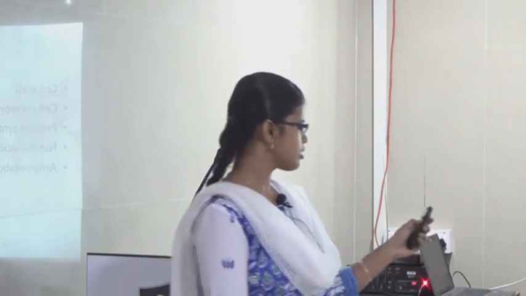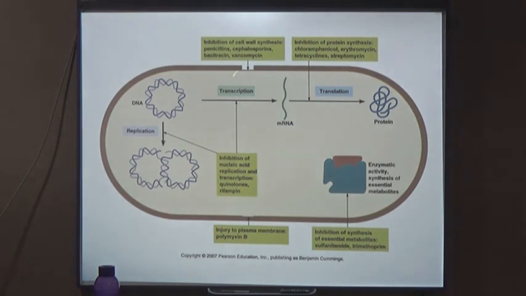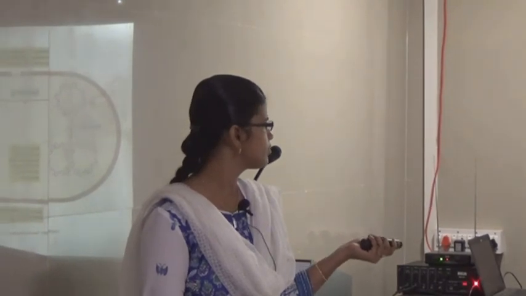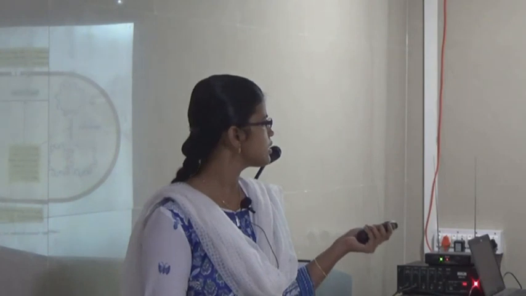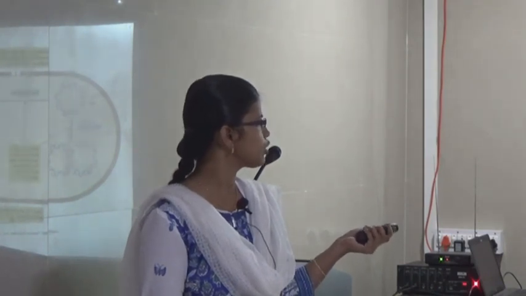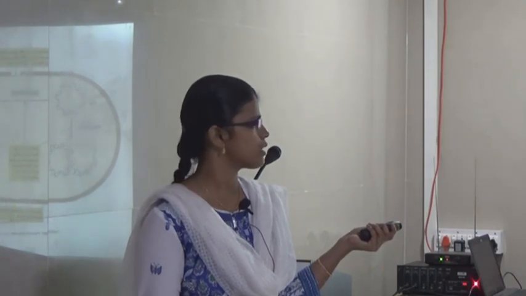Okay, so these are the steps. These are examples. What are cell wall synthesis inhibitors? Penicillin, cephalosporin, beta-lactams are mainly cell wall synthesis inhibitors. And the cell membrane, the plasma membrane, is mainly polymyxin. Protein synthesis inhibitors are chloramphenicol, tetracycline, erythromycin and streptomycin.